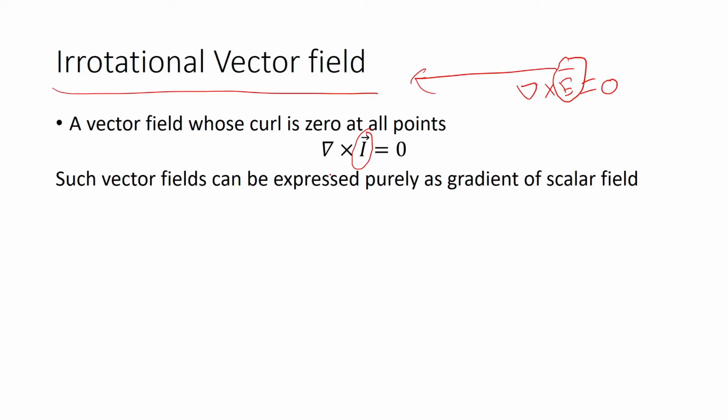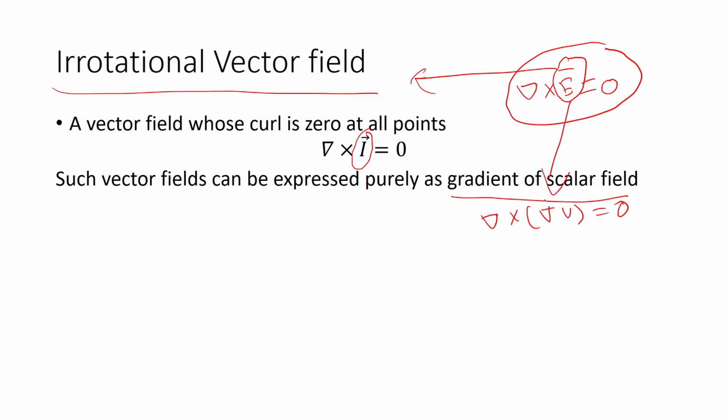Now, for such cases, any vector field can be expressed purely as gradient of a scalar field, because curl of gradient is always 0. Because this curl is 0, that means this vector field must have been formed as gradient of some scalar field.